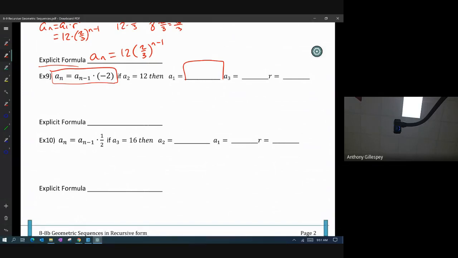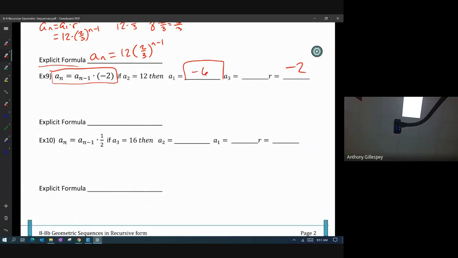You might want to take a shot. What is that saying? Define a number. Go ahead, Lola. So that must be the common ratio, -2. It's multiplying by -2. So how would I find a sub 1 then? Divide by -2, so -6.